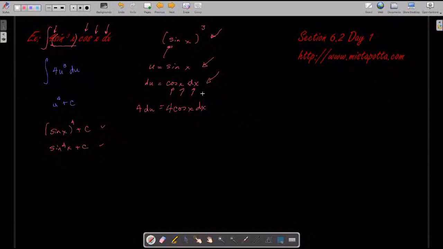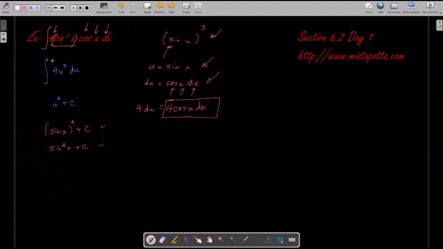But not only finding du, I needed to find something that was equal to the remainder of what I had inside this integral symbol. So I had to come up with something that incorporated the 4 as well.